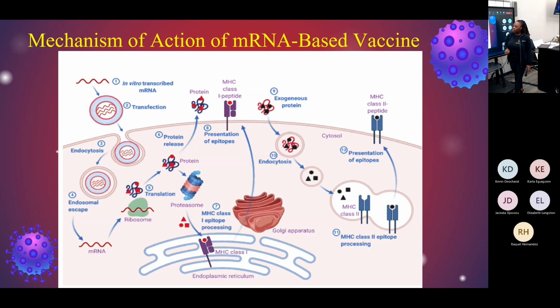So we'll talk about the delivery strategies a little later, but when mRNA vaccines are delivered to the cells, they enter the cells and are transported to antigen presenting cells where they are translated to targeted antigen and converted into proteins.